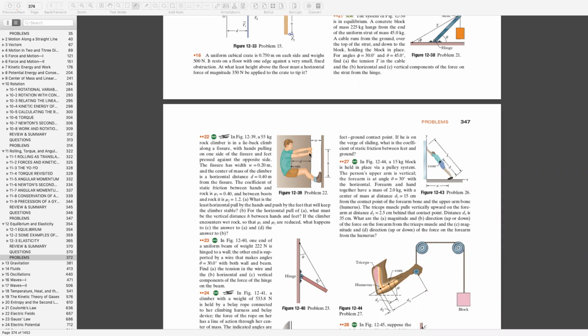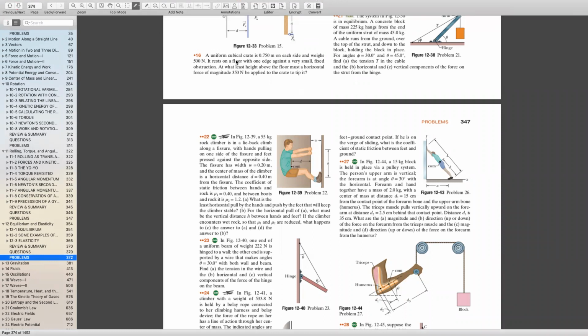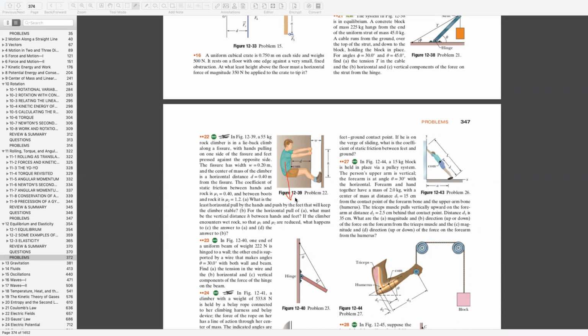So if we want to make him stable, we have to find all the forces he's facing. One is his downward force, the mg. If I drew this correctly, and I might not have drawn all the correct forces, the forces that are keeping him currently up are the forces of friction.